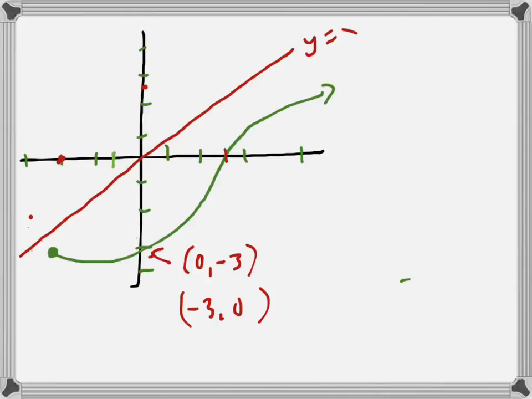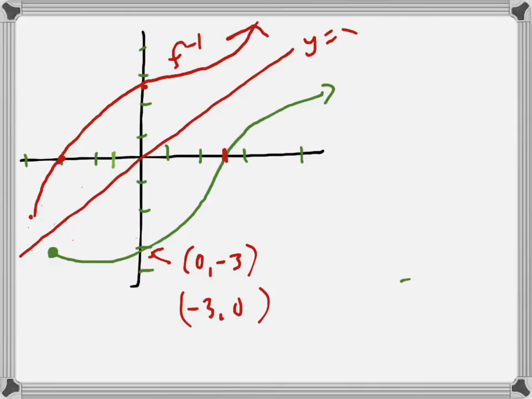I'm picking out a couple points here, like maybe the point (2.5, 0) and the point (0, 2.5). And what I'm doing is drawing a reflection about that line y equals x. So this one right here is my inverse. Can you see how that's a 45-degree reflection, if you will?